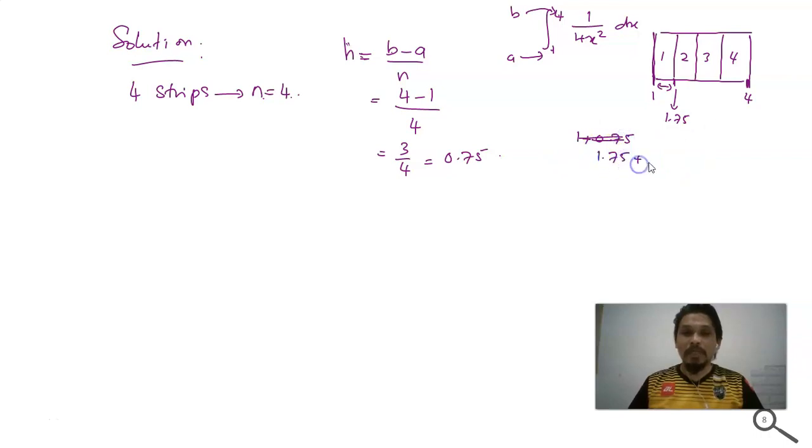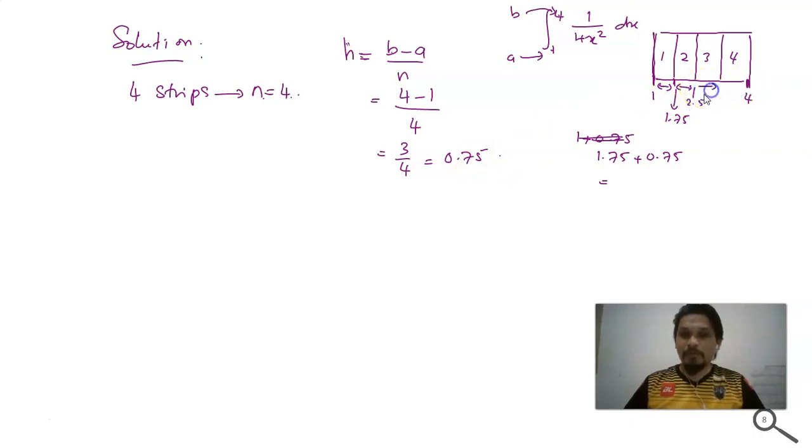And then 1.75 plus 0.75, and this gives you 2.5.